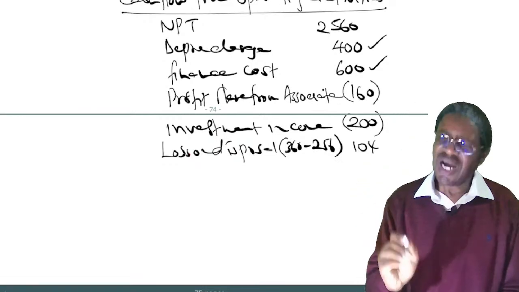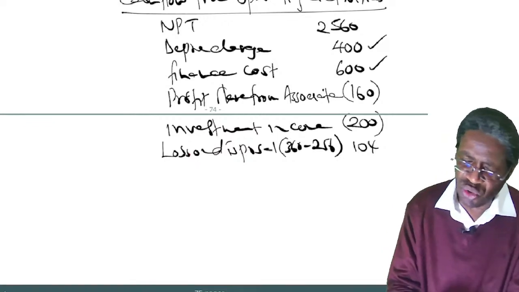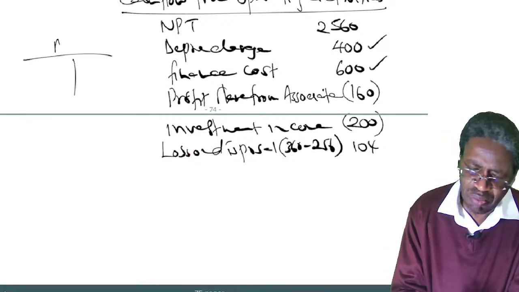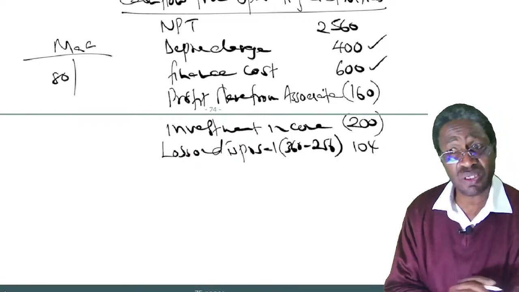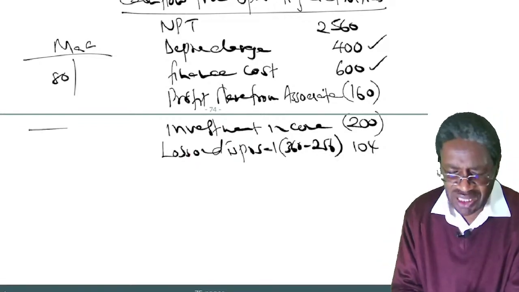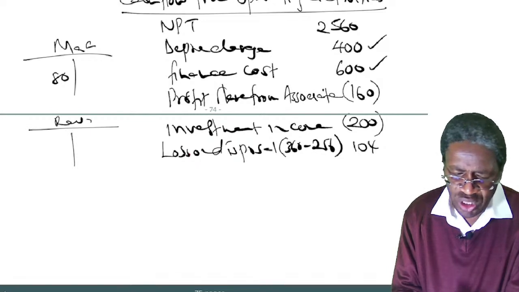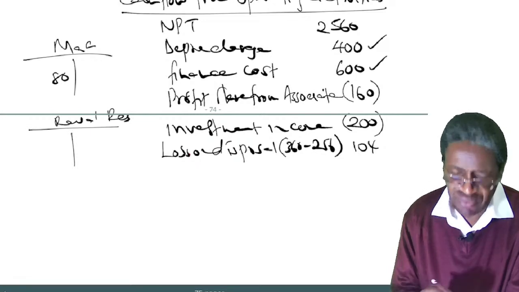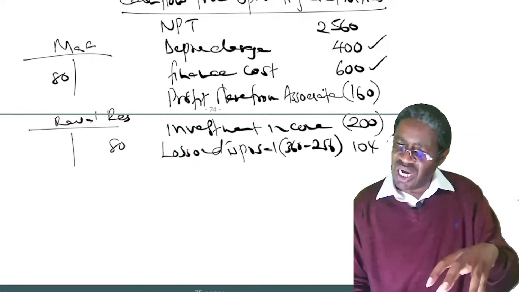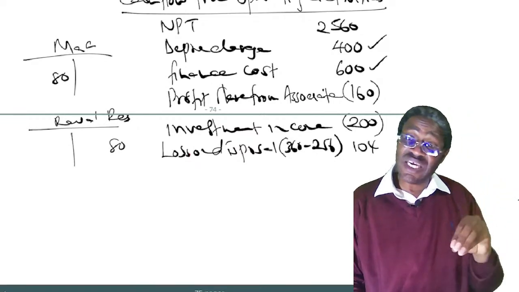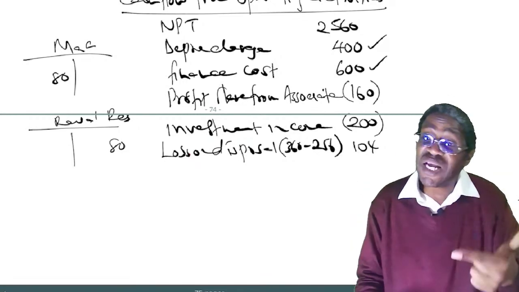But as much as it's true that you revalued your asset, maybe machinery, and you debited the asset by 80 million, that gain, you must have credited an account called revaluation reserve by 80. This revaluation reserve, as much as it's a gain, never went to the P&L account.